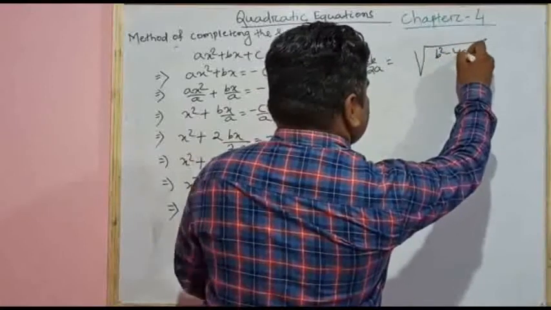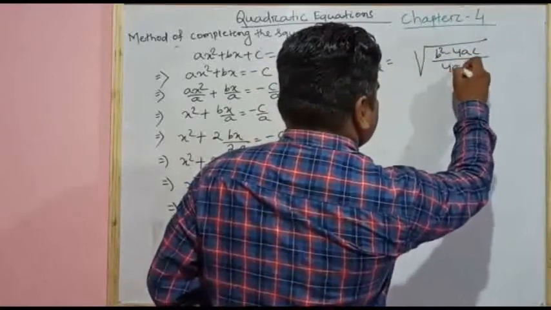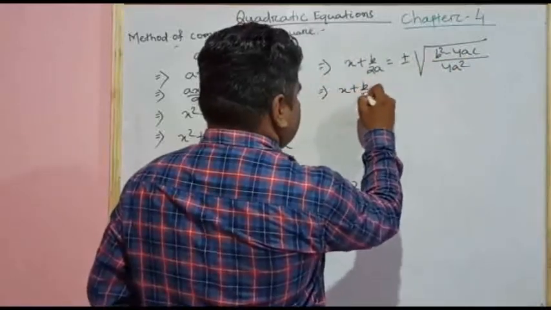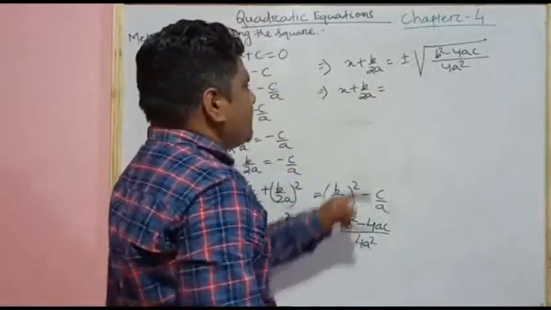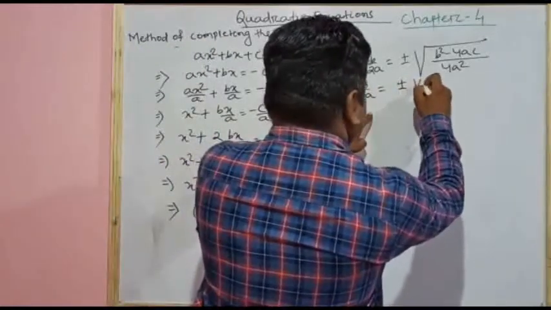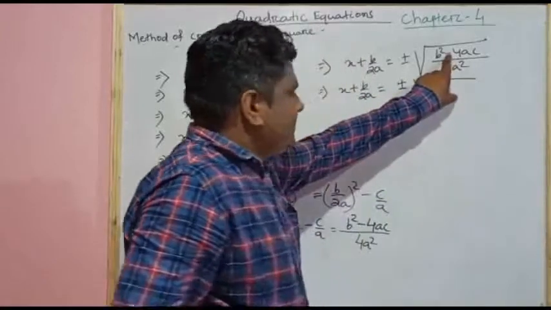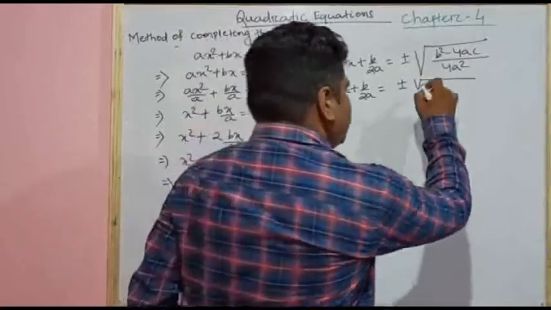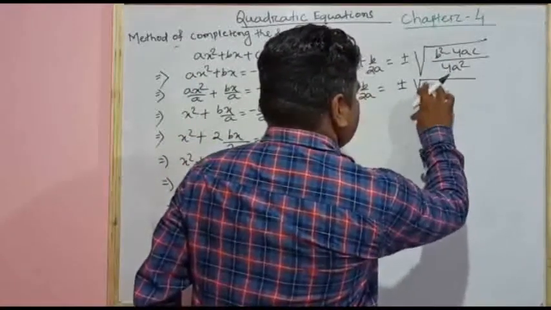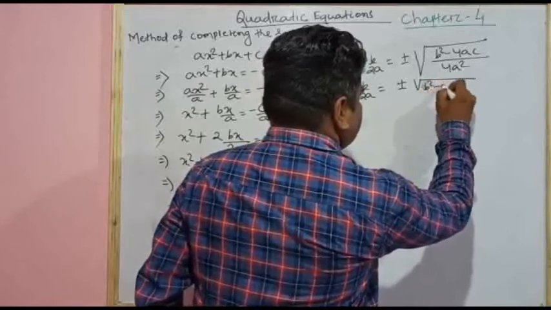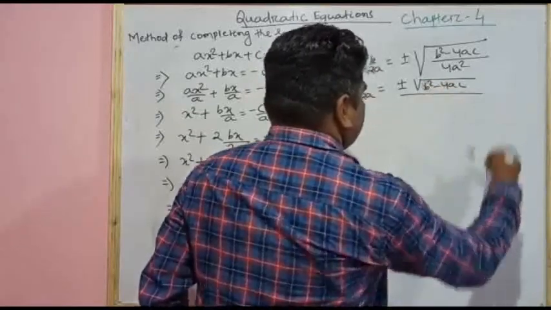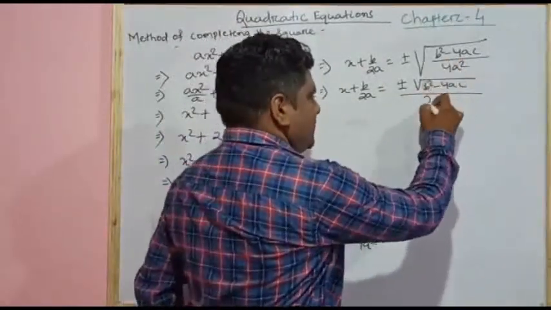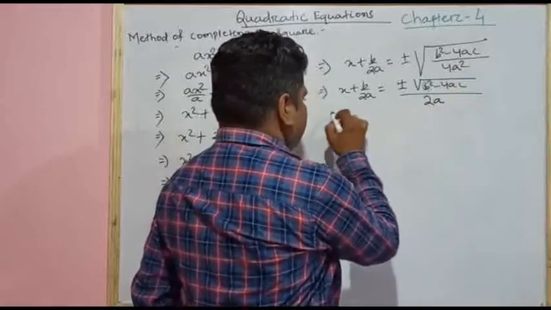For now we cannot find the root of b square minus 4ac, so we have to put a root over on b square minus 4ac. But we can find root over of 4a square. It is root over of 4 is 2 and root over of a square is a.